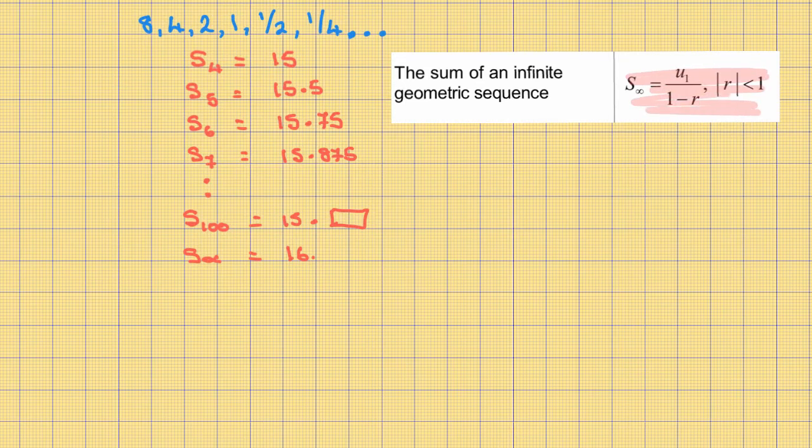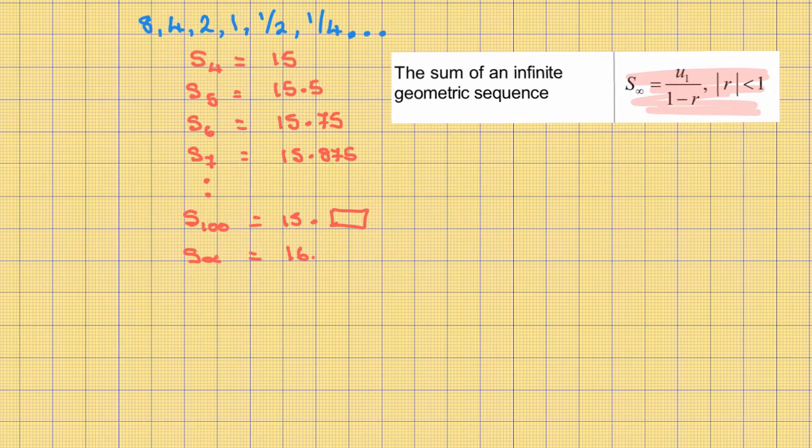So the sum to infinity is equal to the first term divided by 1 minus r. And this is only true for a sequence where r is between -1 and 1. So we could use this formula to prove that the sum to infinity for this sequence is 16.